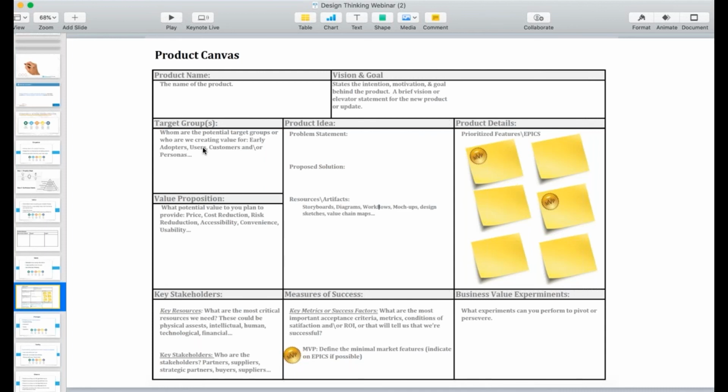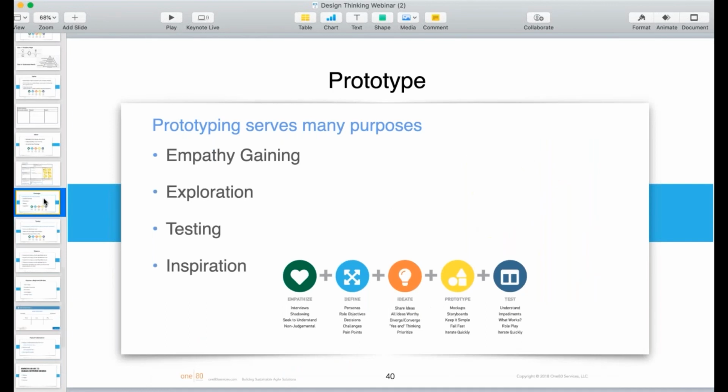So here now we're starting to talk about the groups that we're trying to identify, what value we're trying to solve, what product ideas that we have, right? So we're starting to build that Lean canvas. If you are not using Lean Startup, you can still use the Lean canvas. That's okay. That's great. Or you can just use another approach. But this is the approach that connects directly to Lean Startup.